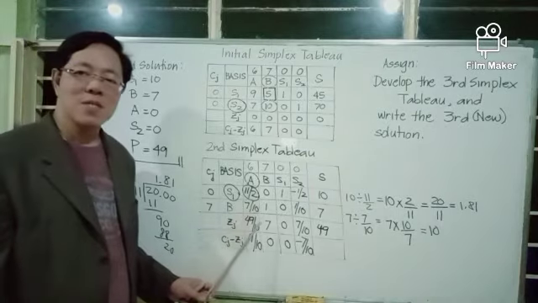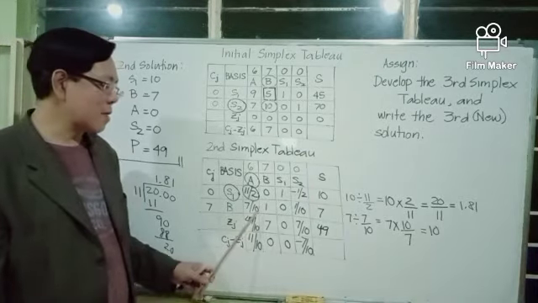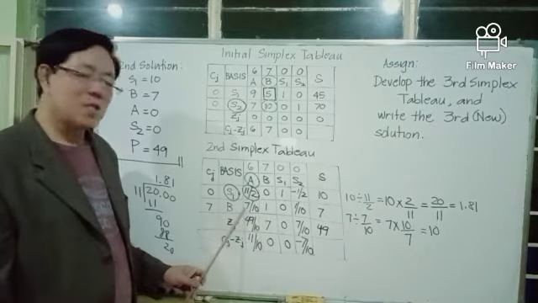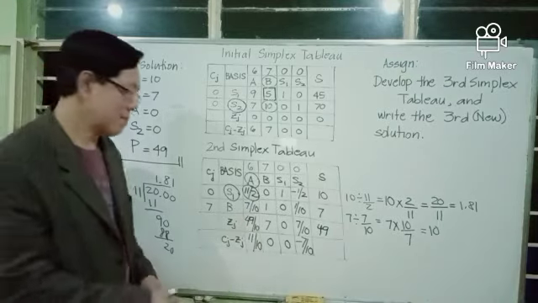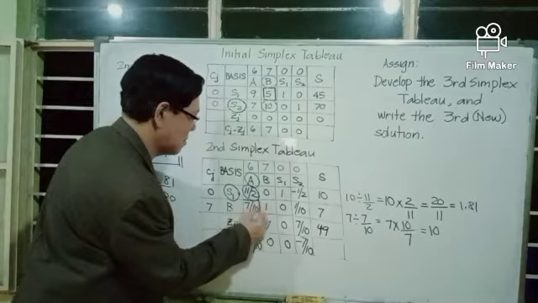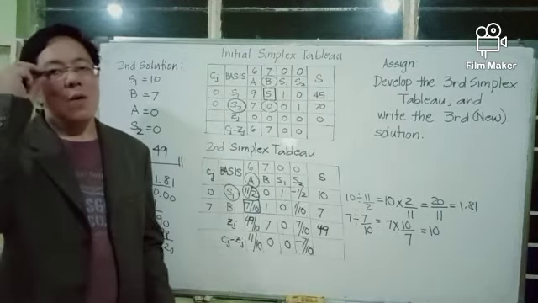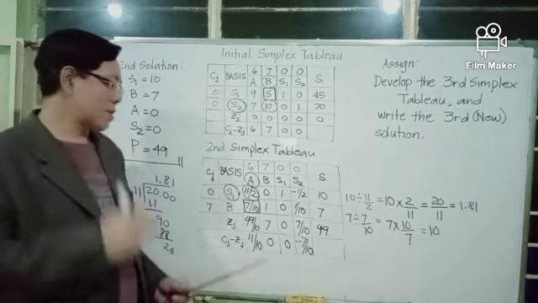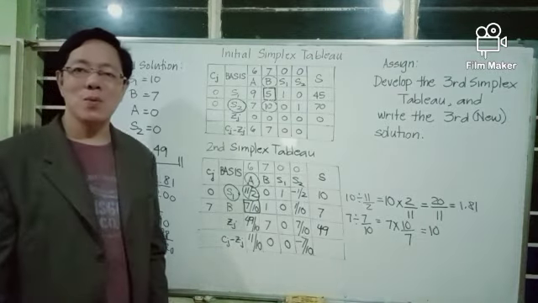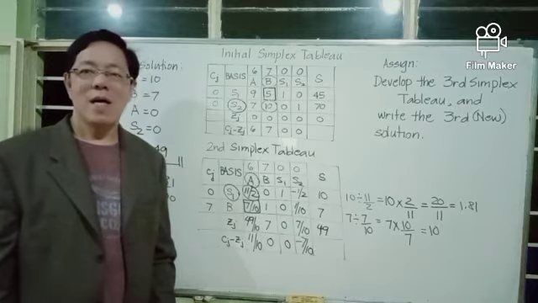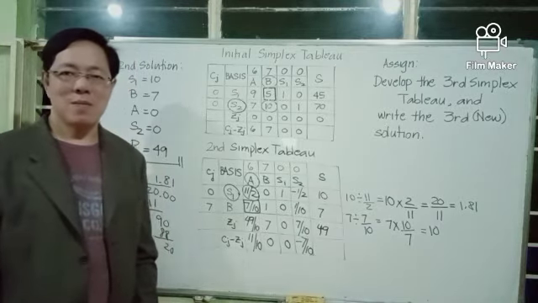That leaves us with only 1 entry to be changed to 0, which is 7 over 10. We change 7 over 10 to 0 by using the second elementary row operation.